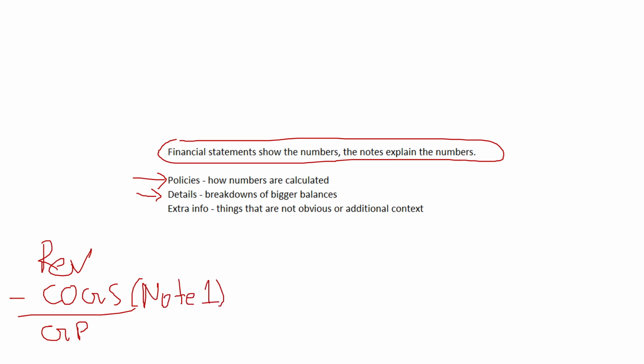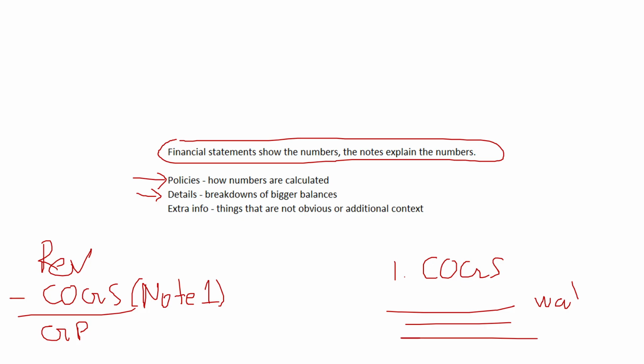When you flip to the very end, note 1 will say cost of goods sold, and it'll break down each of the items, maybe for lemonade, water, lemons, and sugar. It'll tell you how much each of those makes up the cost of goods sold.